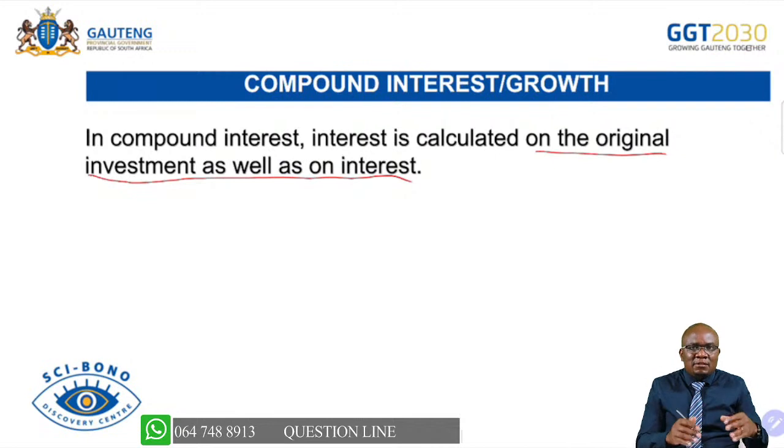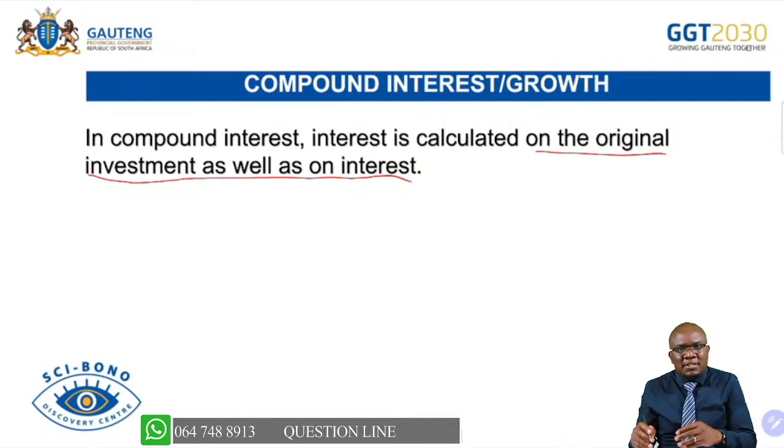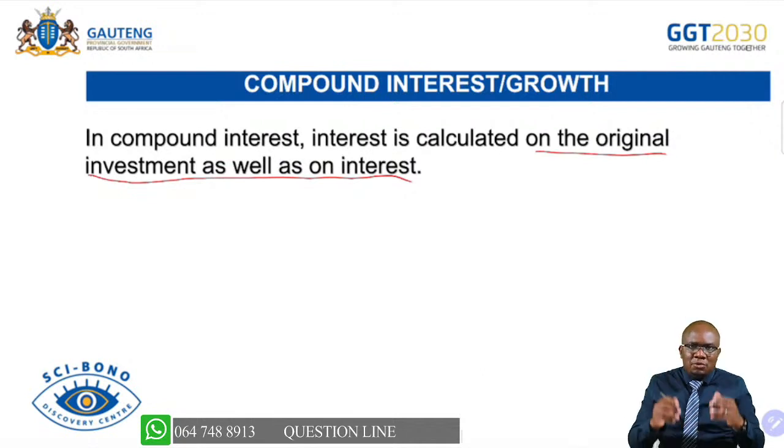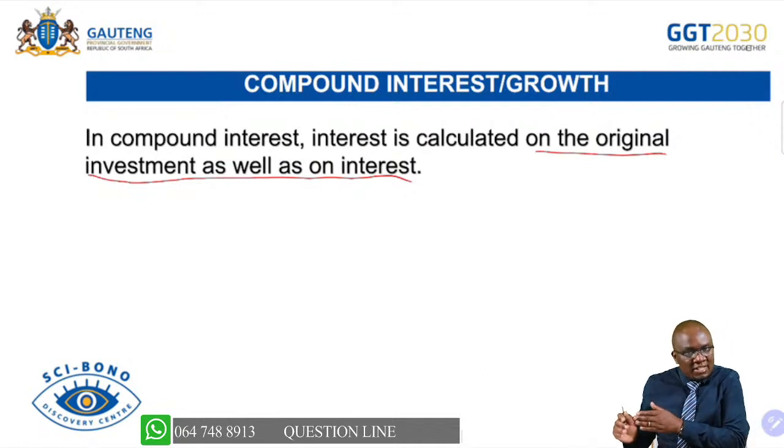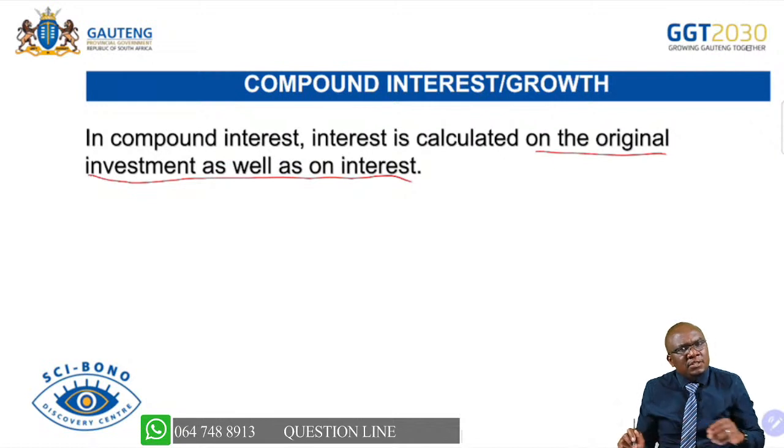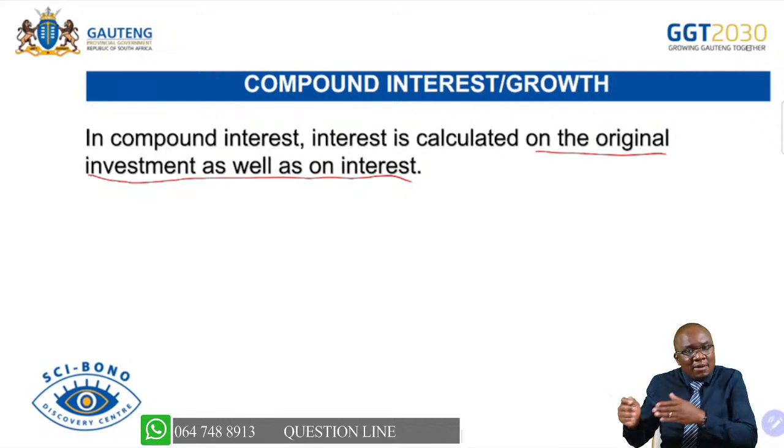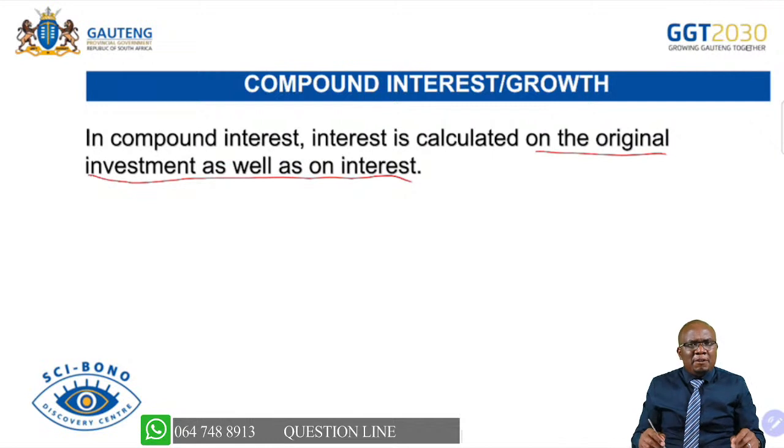If I invest 10,000 and I gain interest of 2,000, I am going to gain interest on 12,000 in the next compounding period, or the next time I'm earning interest. But for simple interest, it was always 10,000. If I invest 10,000, it's going to be 10% of 10,000, 10% of 10,000, 10% of 10,000. But for compound, my interest will also earn interest.